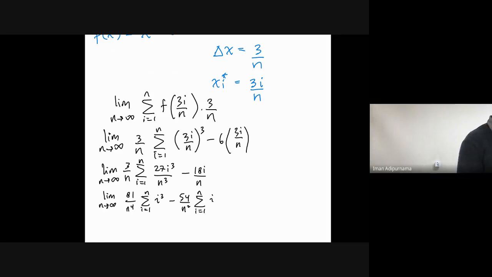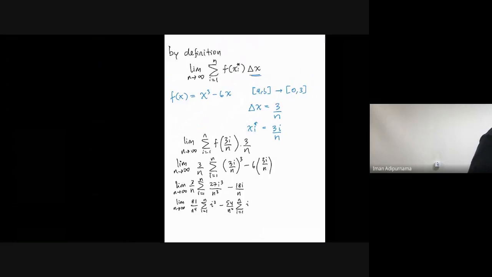Now from here, we get i³ and i, and we can use some formulas here. For the sum of i, it is n(n+1)/2. For the sum of i³, it is n(n+1)/2, squared.